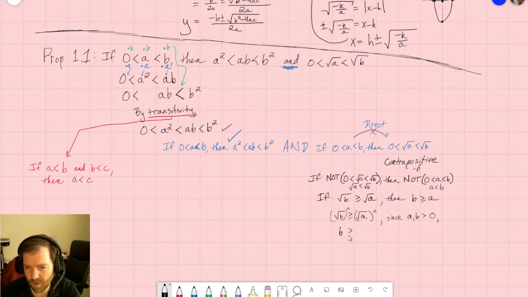So b is going to be greater than or equal to a. And then that's what we wanted.